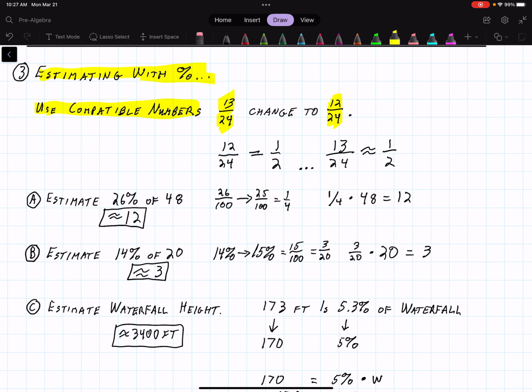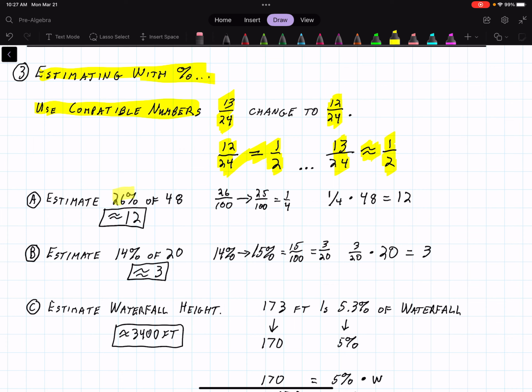In other words, 12 is perfectly 1/2 of 24. So once I make that change to a compatible number, I can estimate 13/24 as approximately 1/2. So then I could just use 1/2 in my calculations, which is a lot easier than 13/24.